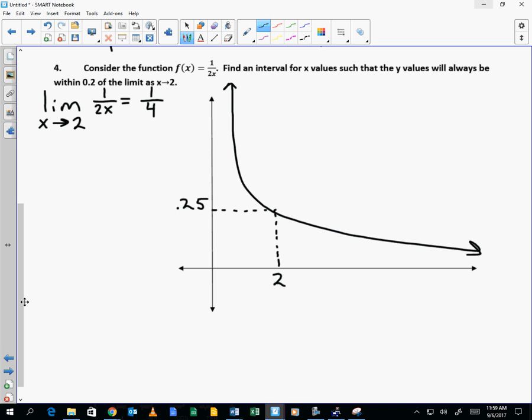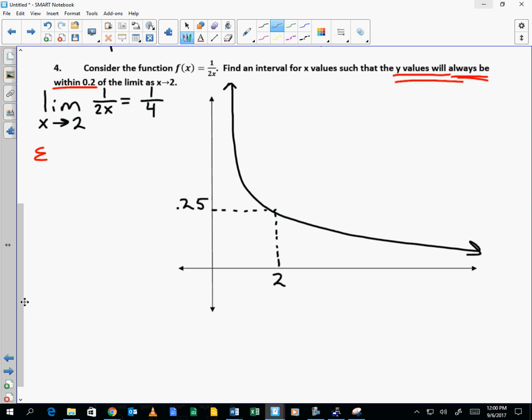Is everybody clear how we came up with this information right here? Any concern at all how I got that? Great. Then it says find an interval for x such that the y values will always be within 0.2.